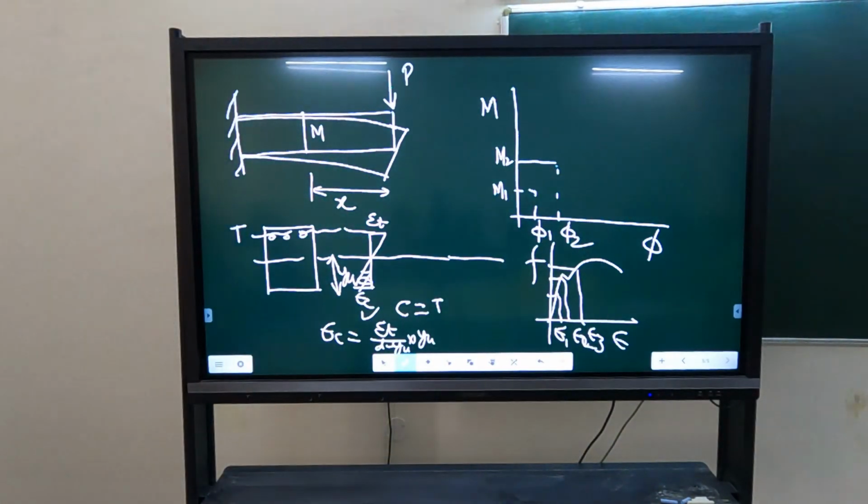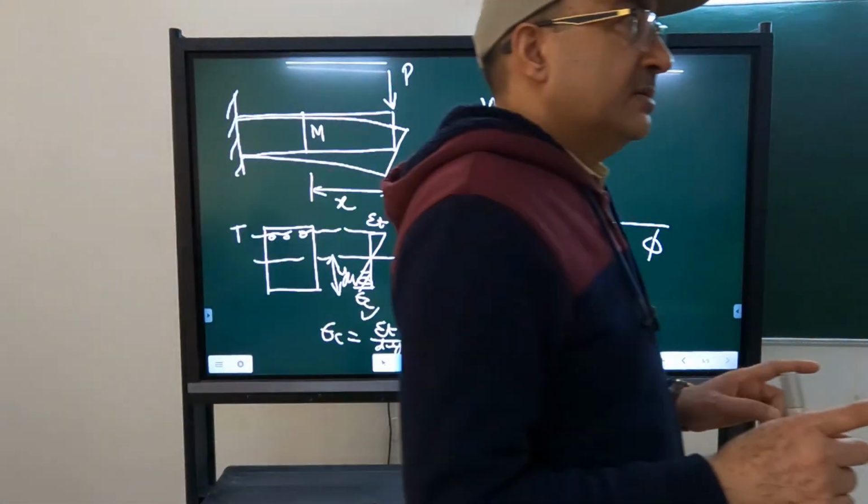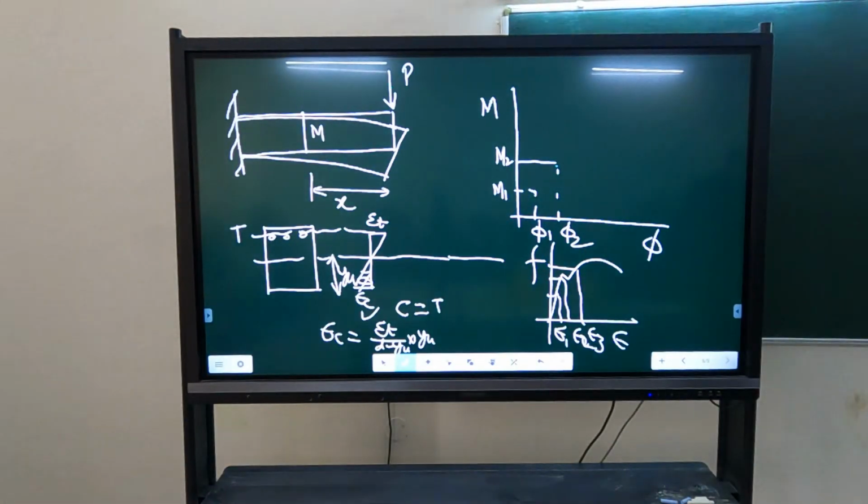For each condition, I am assuming a value of epsilon t. I am calculating the neutral axis by equating C with T, equilibrium. Then I can calculate moment for the corresponding location and corresponding value of epsilon t.